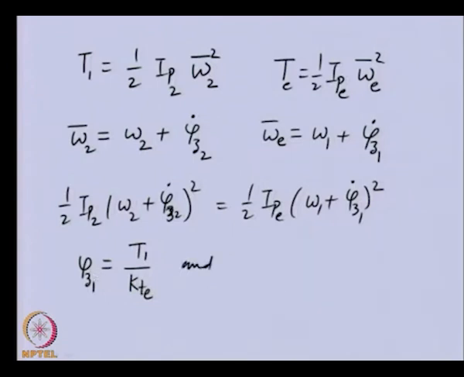For the second system, the actual system, it is T 2 divided by K T 2, and using the gear ratio we can write this in terms of T 1 and K T 2. So, these displacements we can substitute in these expressions.